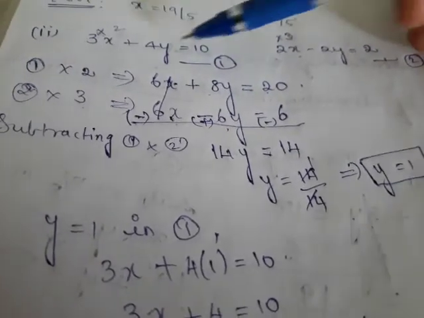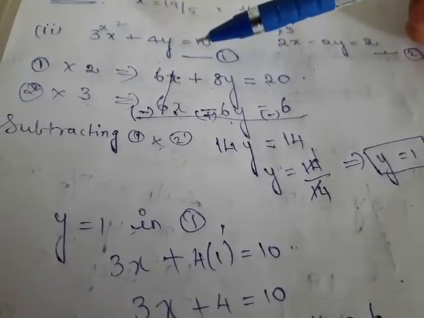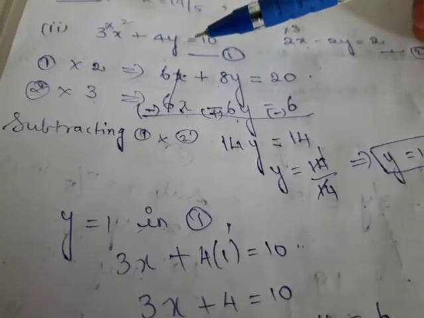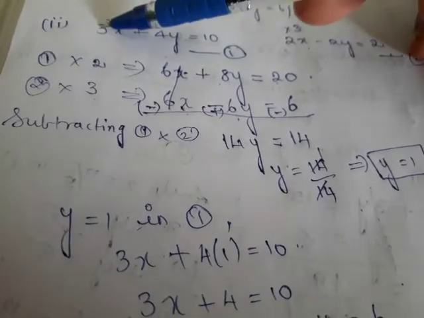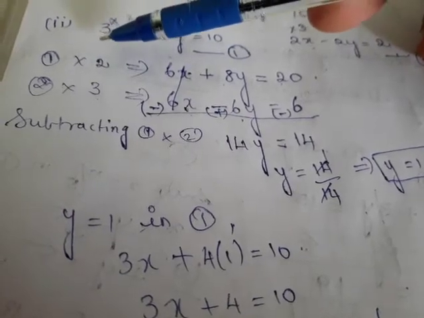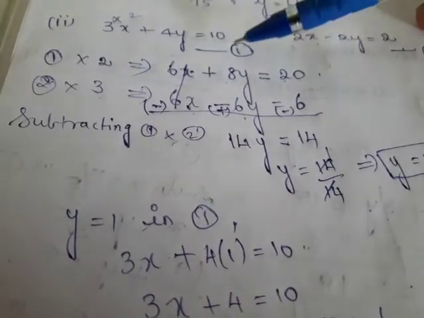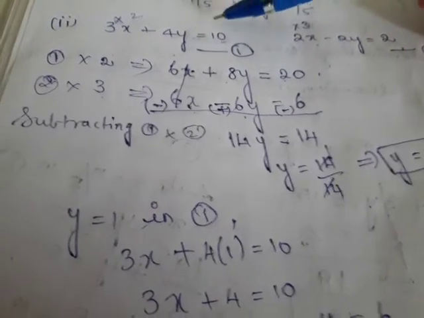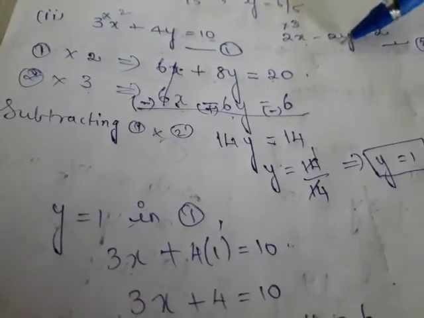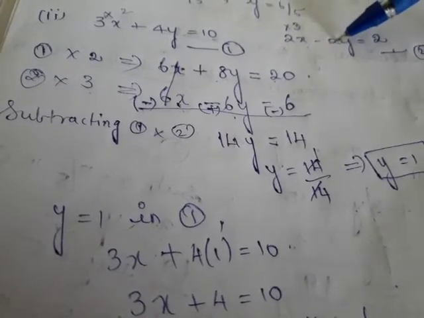So if I divide throughout this equation by 2, the calculations will become a little bit complicated because this 4 will be exactly divisible by 2, but this 3 is not. So you will get a fractional coefficient here, 3 by 2. Here 10, if you divide by 2, you will get 5. Okay. If you want, you can perform it, no problem. Or else try to make this 2 as 4. How can we make this 2 as 4?